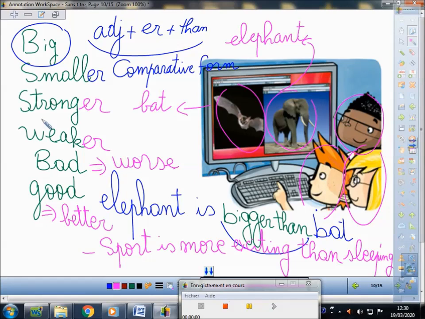Okay? Let's repeat. This classroom is big. What am I going to say? This classroom is bigger than the other classroom. It means I'm comparing classroom 5 with classroom 4, and classroom 5 is bigger than classroom 4. Now classroom 4 is small.